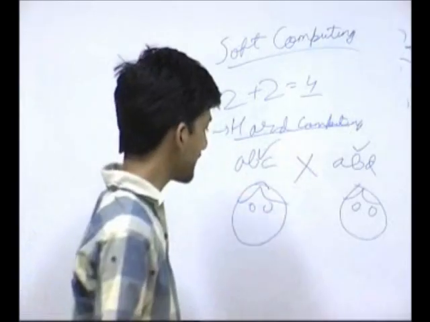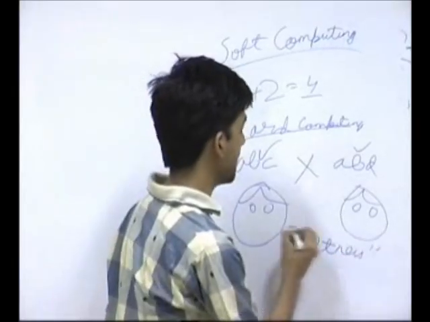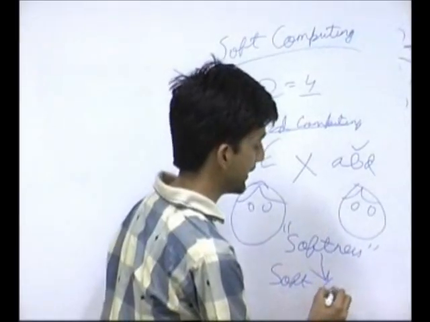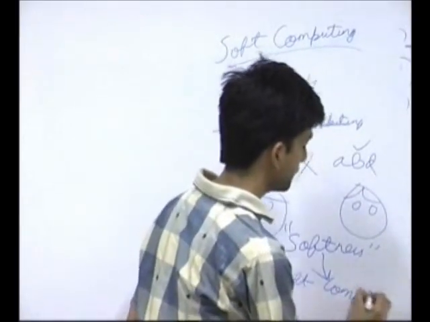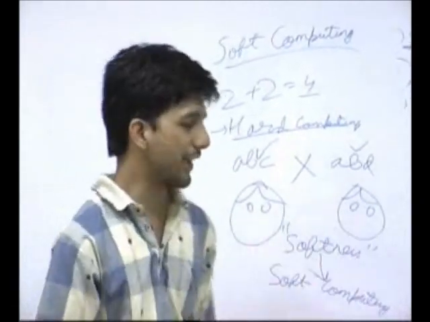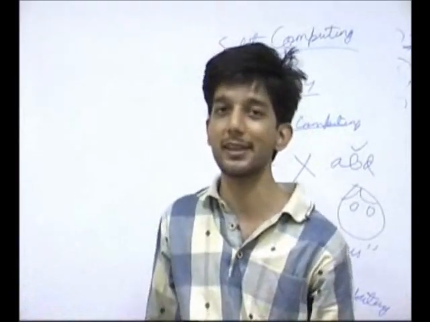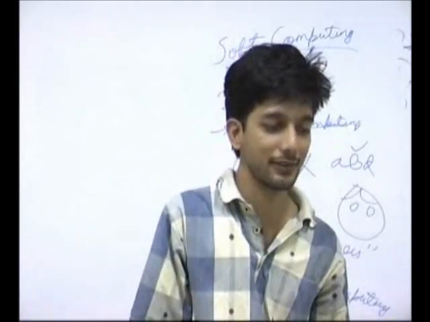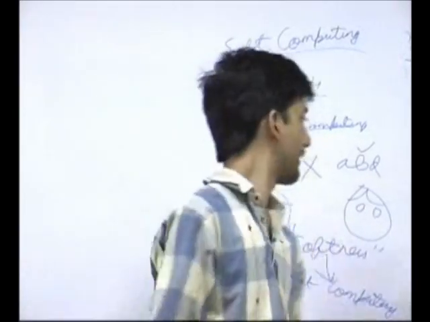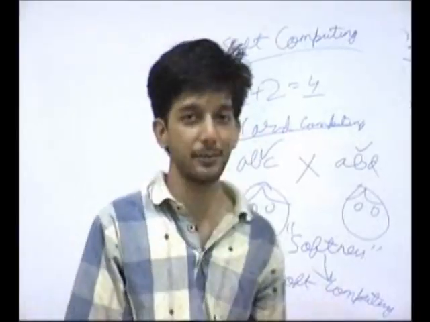So what we do is insert some kind of softness into them, and the field that evolves, which we're going to study, is called soft computing. Taking the same example where we had two faces and had to determine whether both belong to the same person or not, by the way, this is one of the problems we will take in further lectures of this series, where we will deal with the complete paradigm of biometrics.